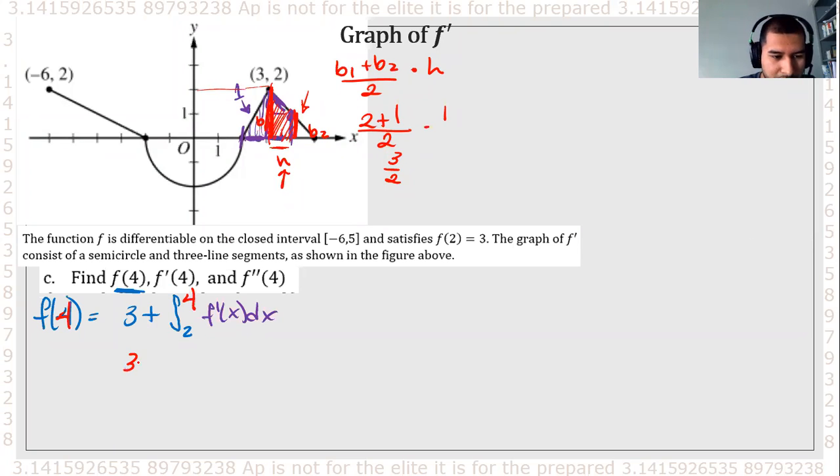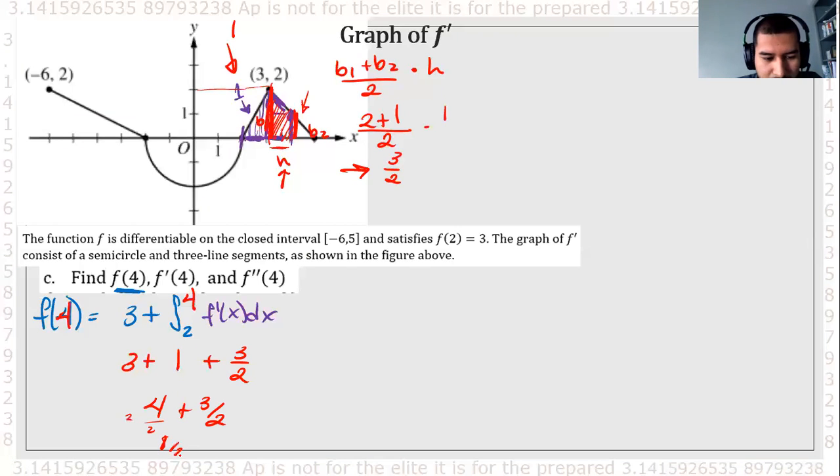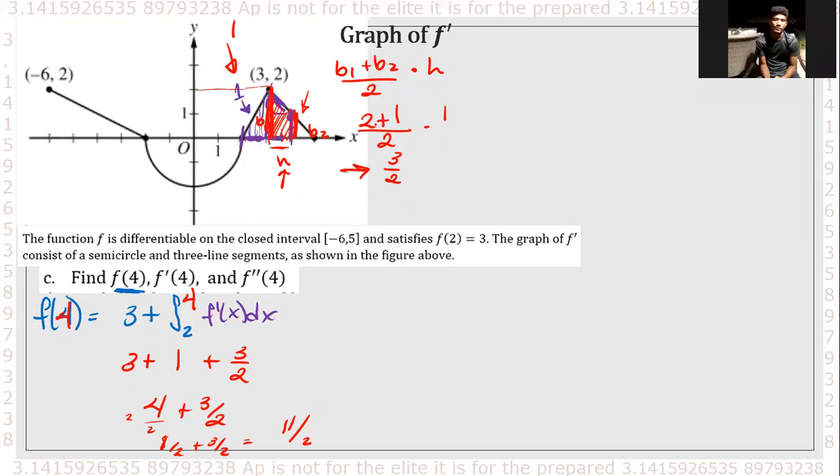So I got 3 plus the first area that I found, which was 1, plus the second area that I found, which was 3/2. So I got 4 plus 3/2. You don't have to simplify this, it's perfectly fine. But if you did, I think this was multiplied by 2/2, which is 8/2. 8/2 plus 3/2. 11/2?